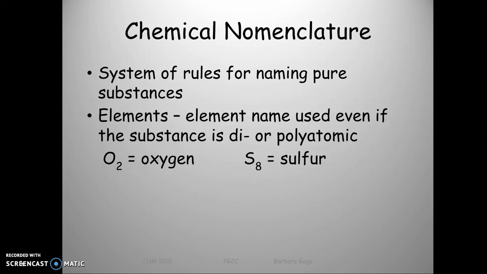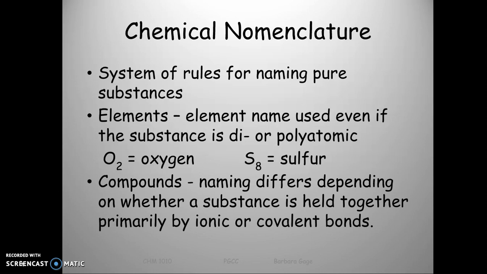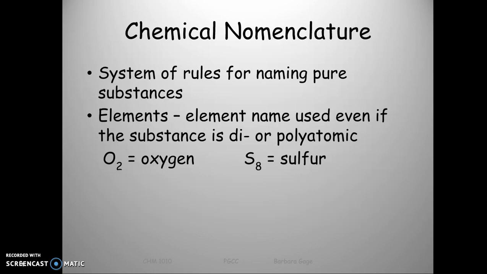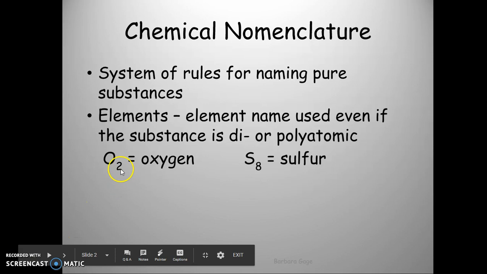If there are 8 sulfur atoms together, we don't call it octasulfur for 8, we just call it sulfur. So the first rule for elements: use the name of the element even if the substance is di or polyatomic. Meaning di, it just has 2, polyatomic, it has 3 or more atoms.